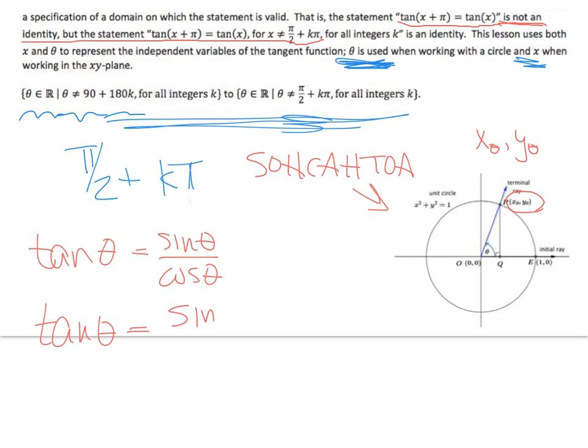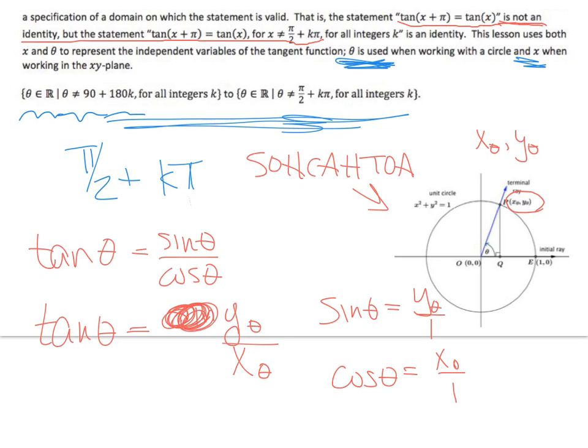We don't have to put sine in there at all, because sine of theta is y sub theta over 1, and cosine of theta is x sub theta over 1, which is why tangent of theta is y sub theta over x sub theta. Cool. Alrighty, let's move on.